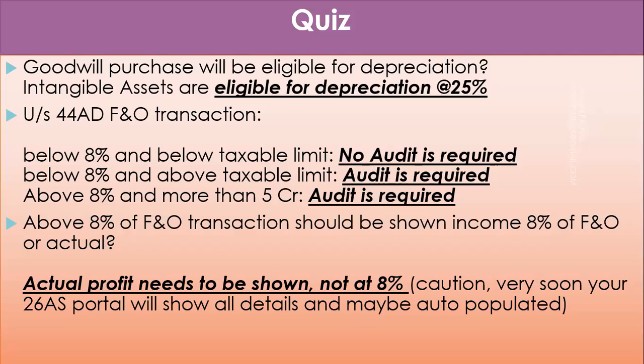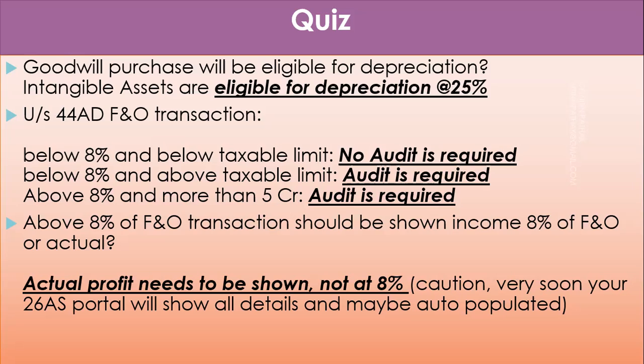For the 44AB FNO transaction, I've already talked once, but I'm talking about it again. If my turnover is 1 crore and my taxable income is less than the threshold, then in any case no audit is required.